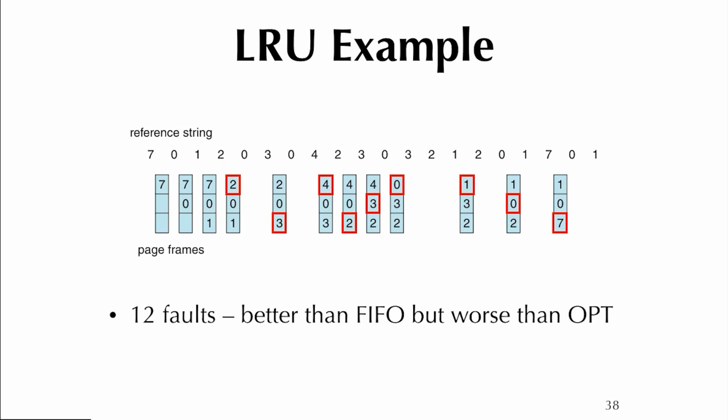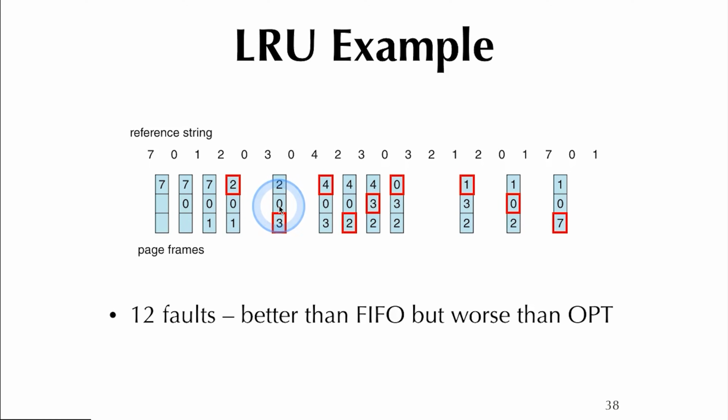So LRU in this case, instead of looking forward, you look back. 7, 0, 1, and then 2. Well, which is the oldest? 7 is oldest, so then you replace 7. So 2 comes in. Now comes 3. Between 0 and 1, 1 is older, so you replace the 1, and that's where 3 comes in.